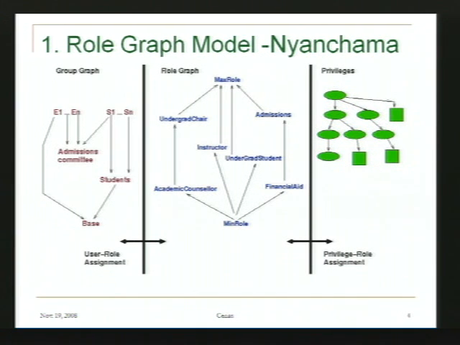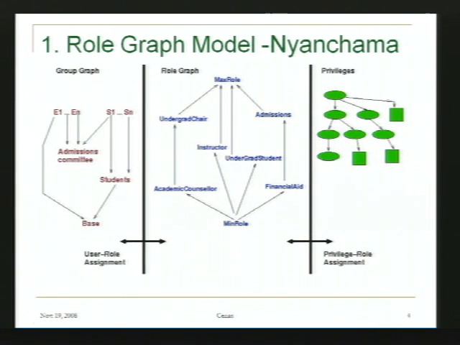And they're on that committee because they belong, for whatever reason, in the real world. And if we represent that as a group, then we can assign it in one operation to all the permissions of the admissions role over here. So we haven't actually drawn the user role assignments on this picture.